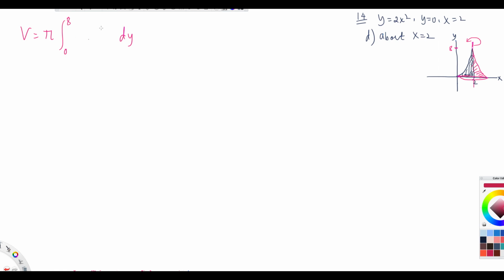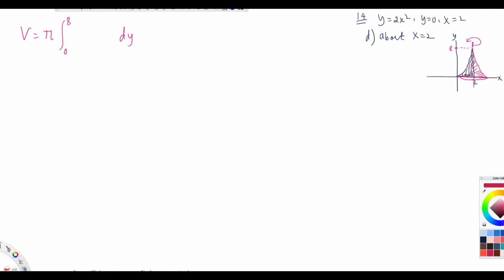Okay, so we need the radius here. What will be the radius of that solid? Whenever you revolve, the radius of that solid is this part. How much is that?